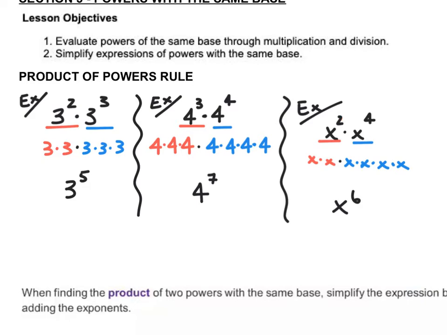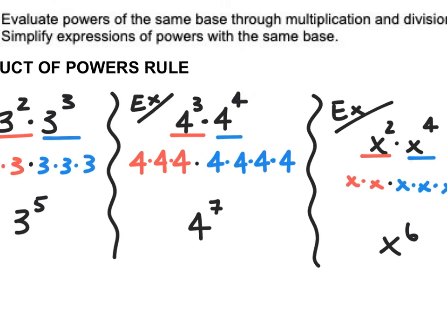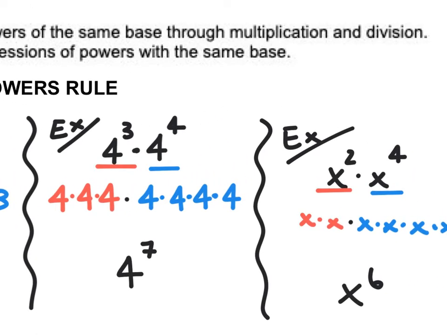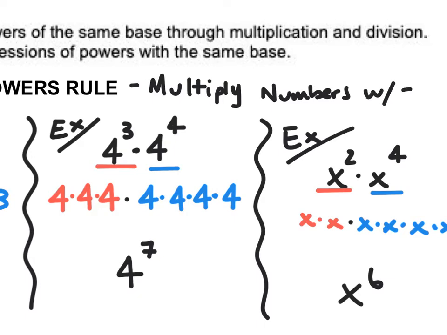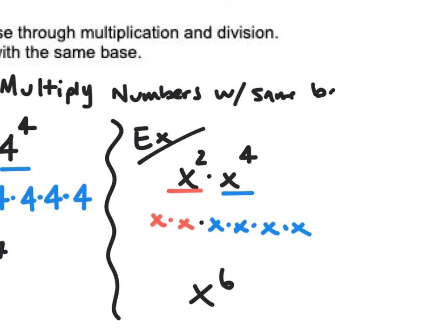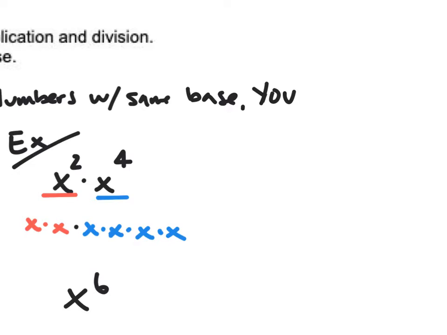The thing is that when you multiply numbers with the same base, you add the exponents. So you add the exponents.